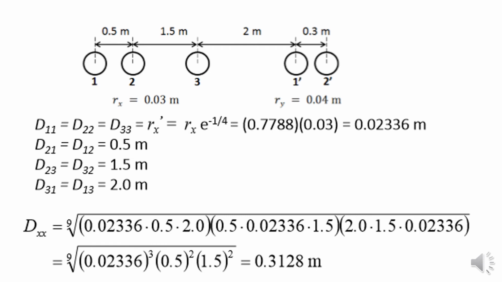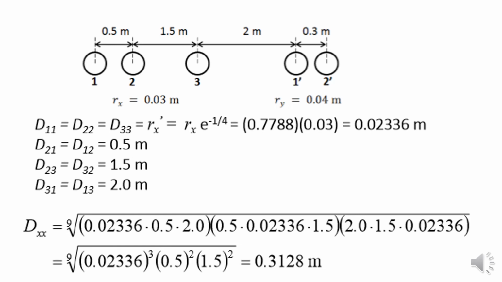Here D11, D22, D33, according to our notation, look like the distance between 1 and 1, between 2 and 2, between 3 and 3. It doesn't make sense, right? But actually what is here is a value given by an equation.